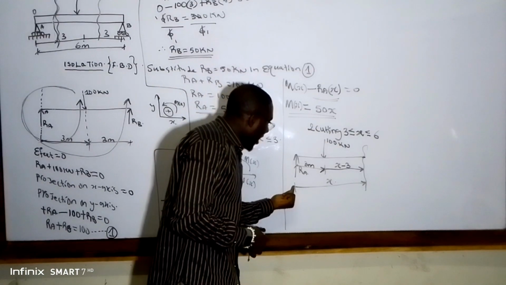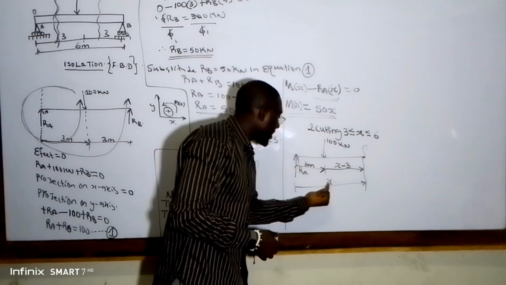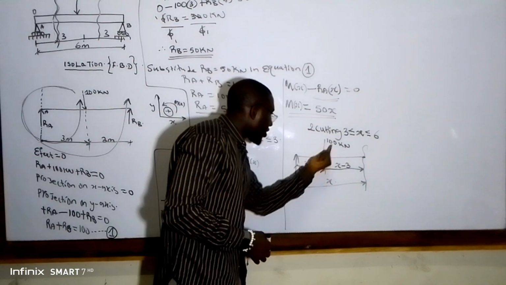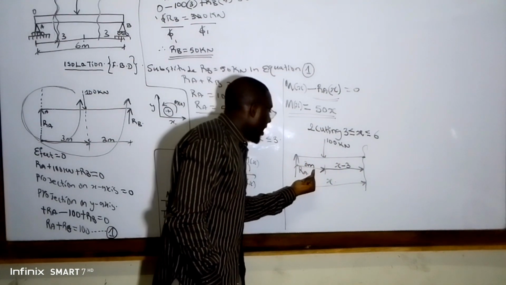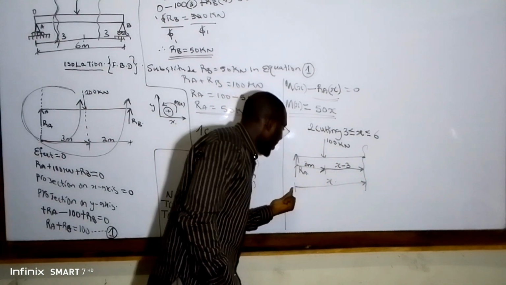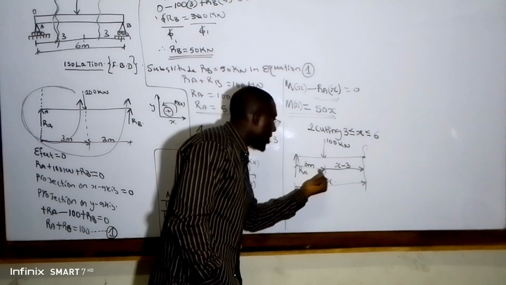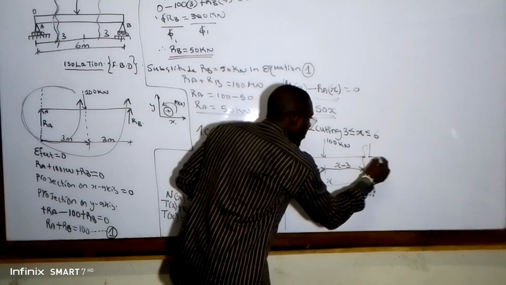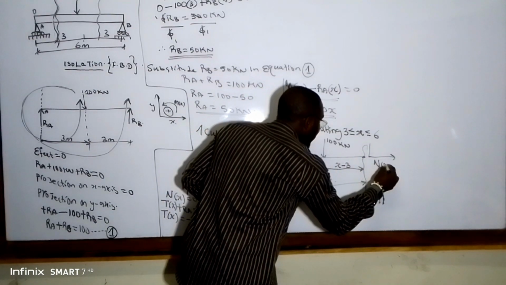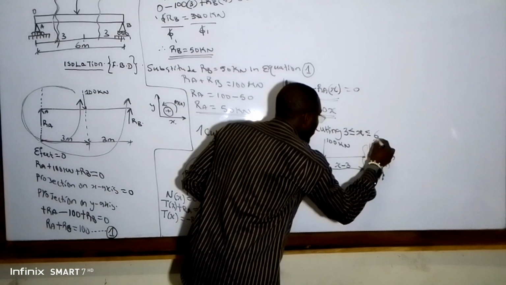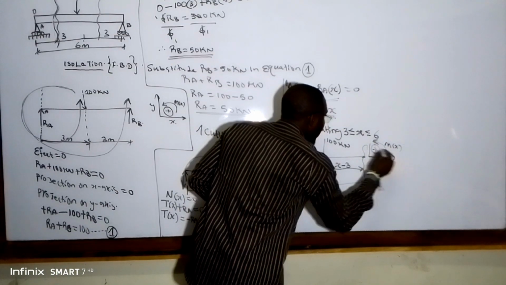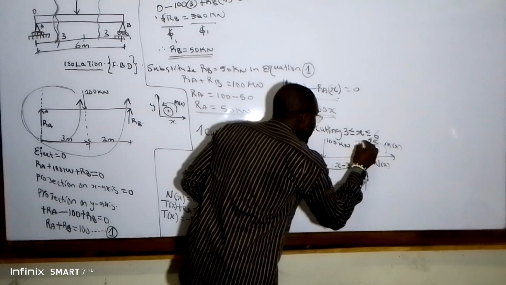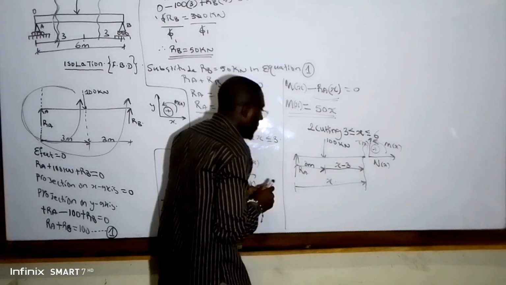Is it clear? Let me take it over. If the distance from R_A to our center of moment is x, and the distance from R_A to 100 kilonewton is 3 meters, it means to obtain this distance, we take the total length minus this small one, which is x minus 3. And we put our orientation, N of x, T of x, and positive orientation moment moves like this, M of x.